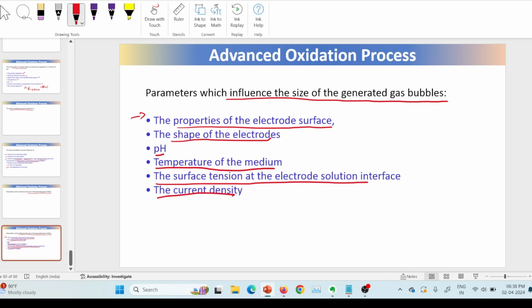So these are the parameters which influence the size of generated gas bubbles.